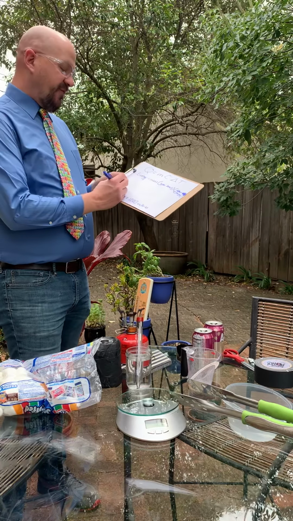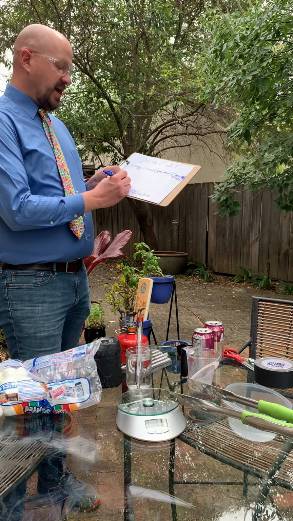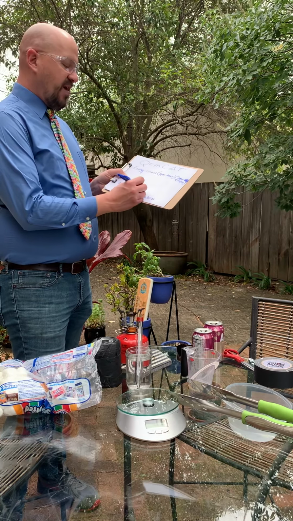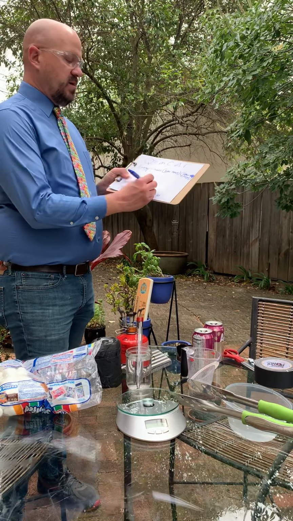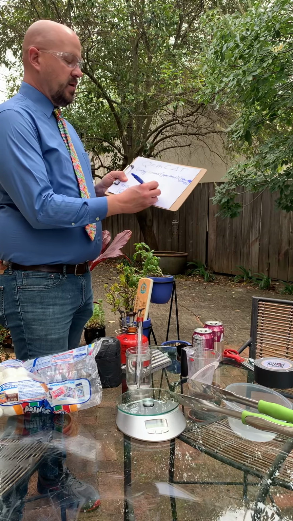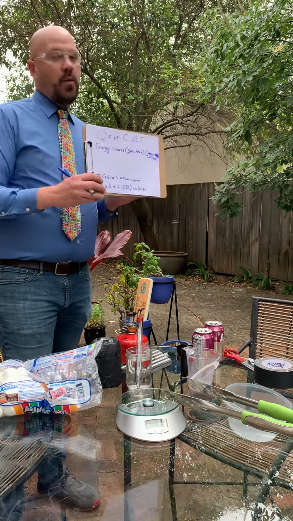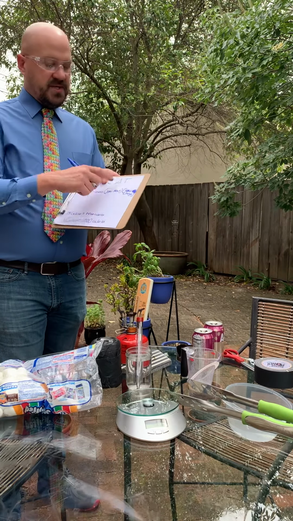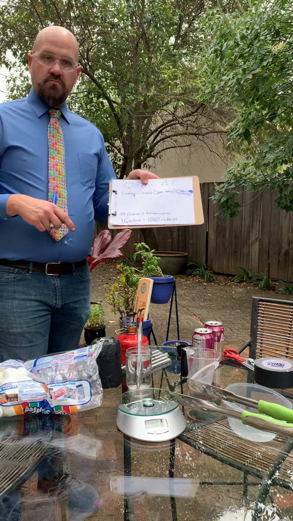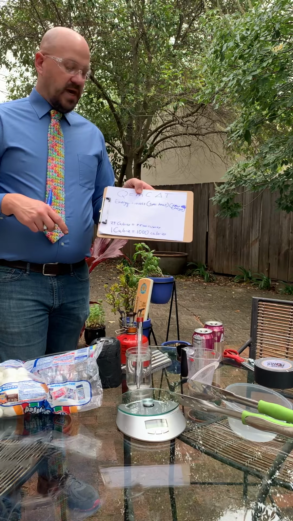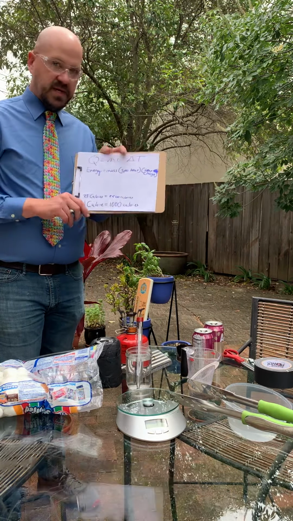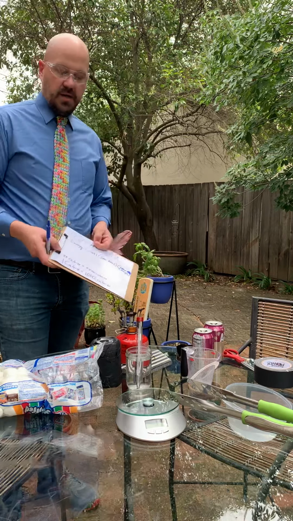But if it has 25 big C calories, that means it has 25,000 little c calories. So what we will do is we will actually combust the marshmallow, and we will see all of the energy change that we get using this equation, and then we'll compare it to what the label actually says and see how close we actually get.